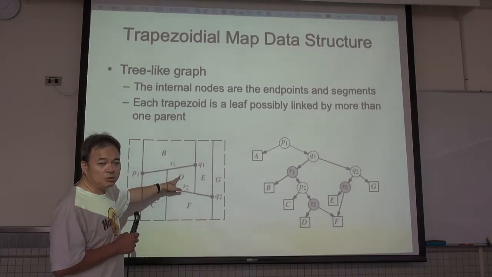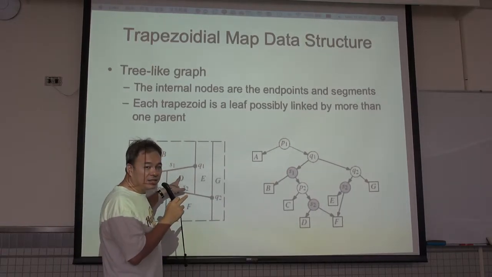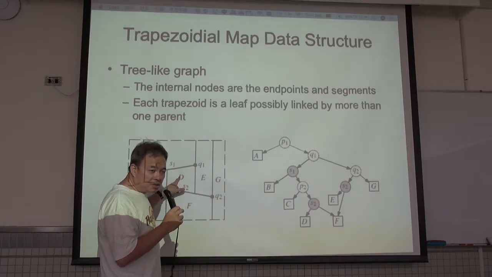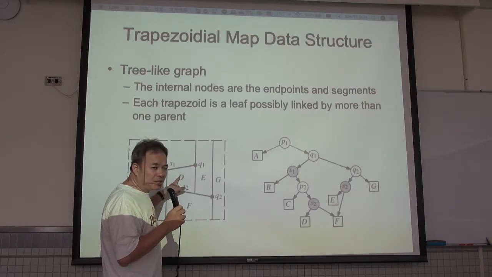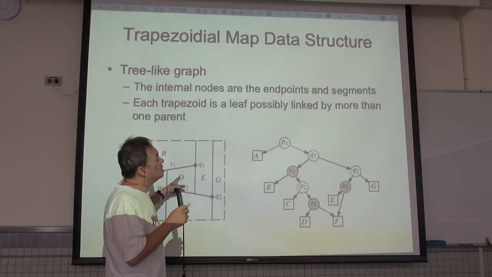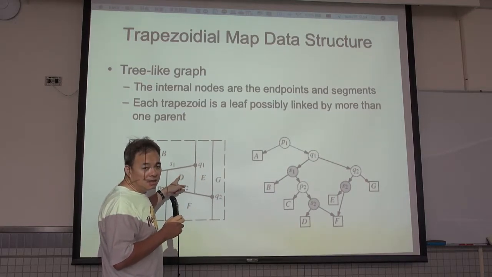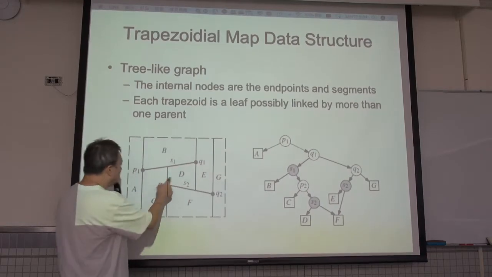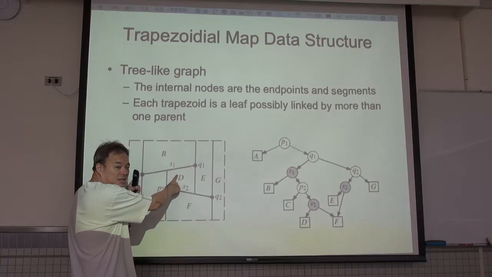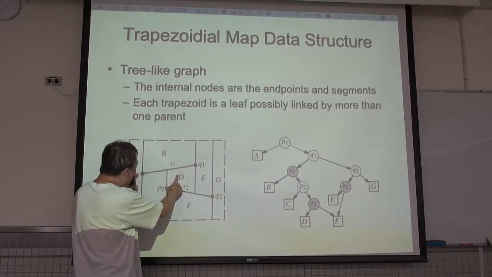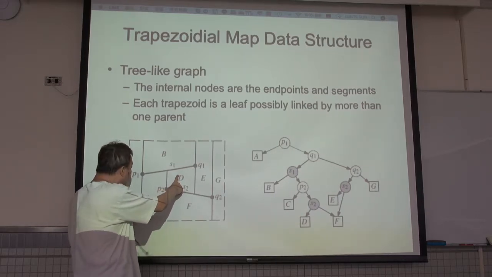So we start from the root. The root is P1, right? If it's a point, we check if the query point is on the left or right of the internal node. This query point is obviously on the right side of P1.